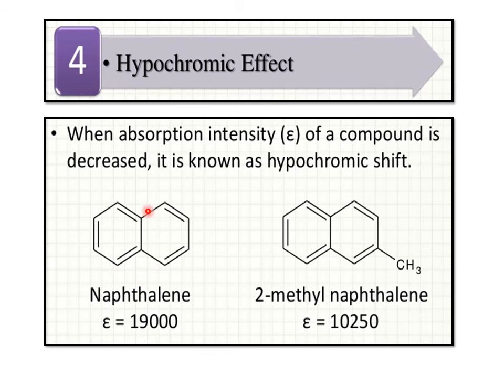Plain naphthalene shows an Emax of 19,000, whereas when you substitute a methyl group at the second position of naphthalene, the Emax value is 10,250. So the absorption intensity decreases when you add the group. So you have seen four types of absorption and intensity shifts.